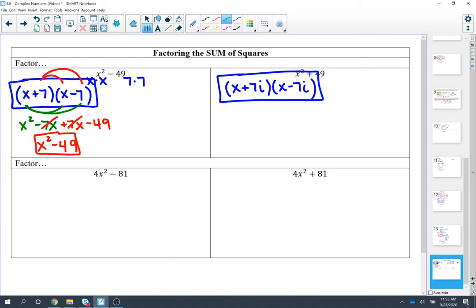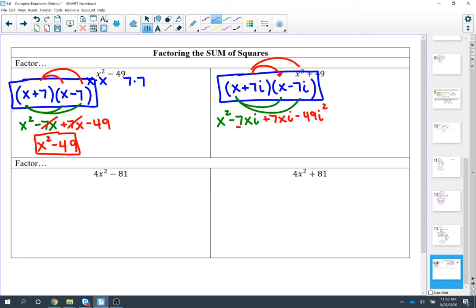If we try it out, x times x is x squared. X times negative 7i is negative 7xi. Then 7i times x is positive 7xi. And 7i times negative 7i is negative 49i squared.